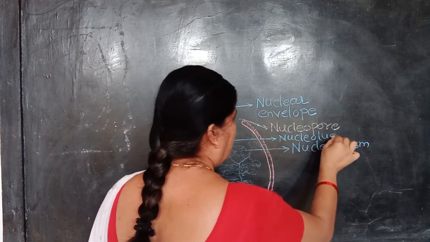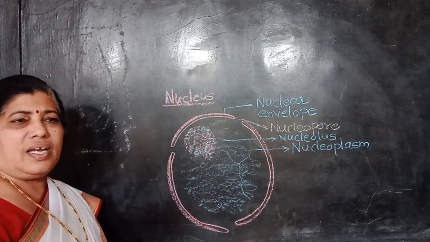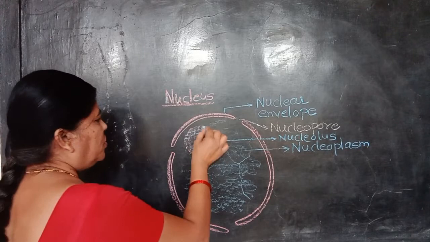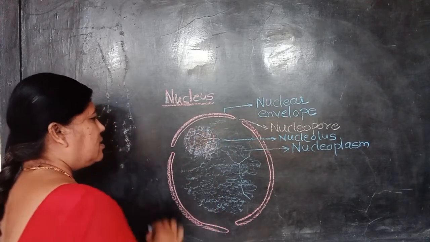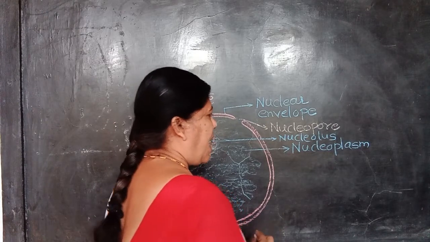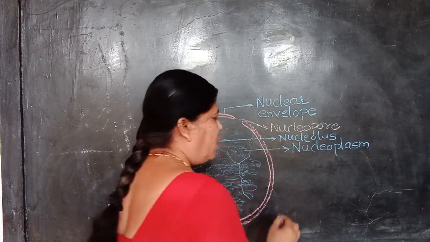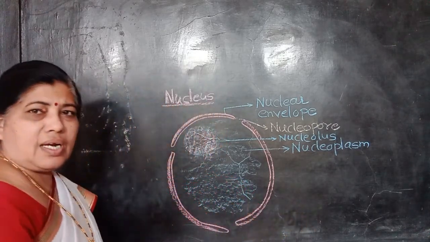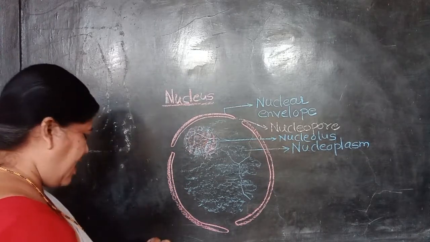This is nucleolus. The function of nucleolus is production of ribosomal protein and RNA.